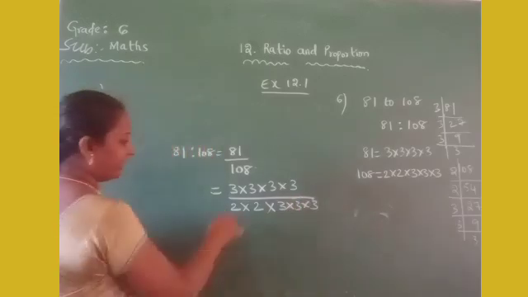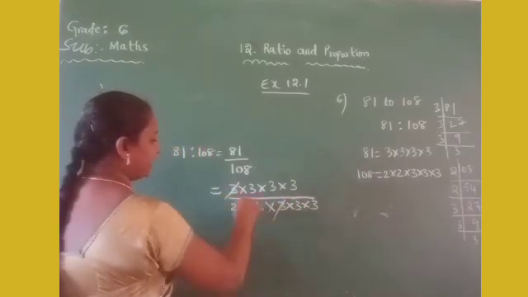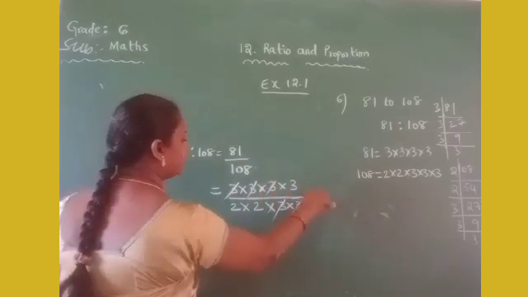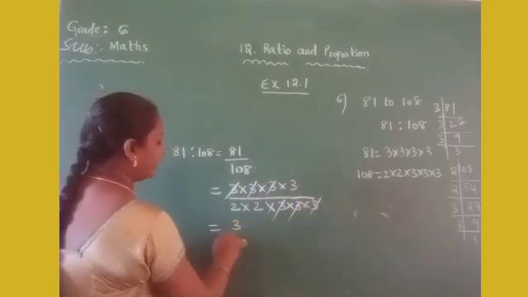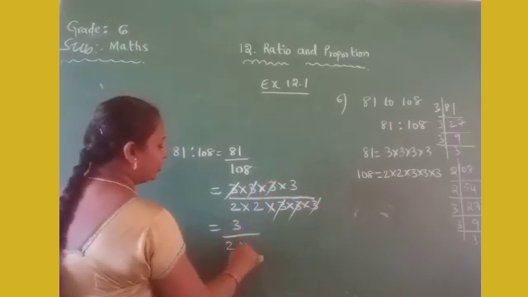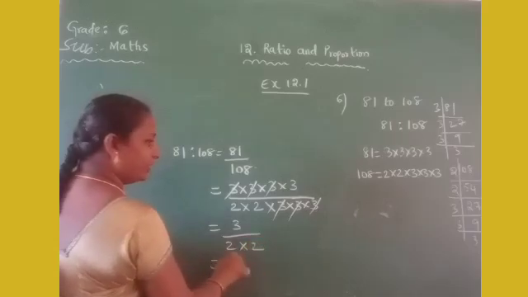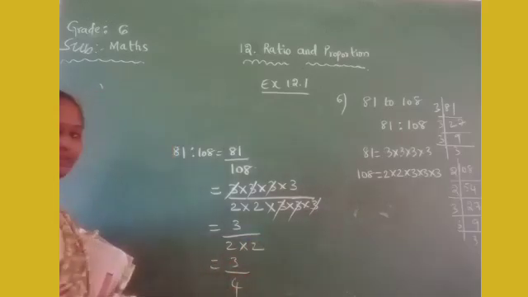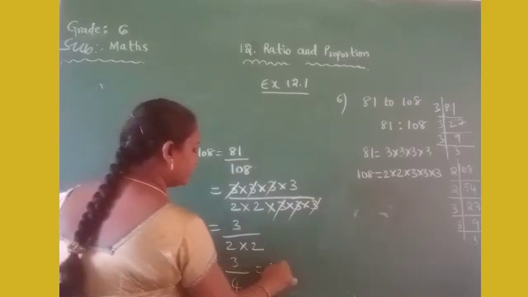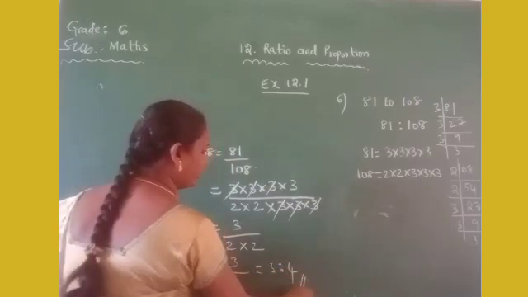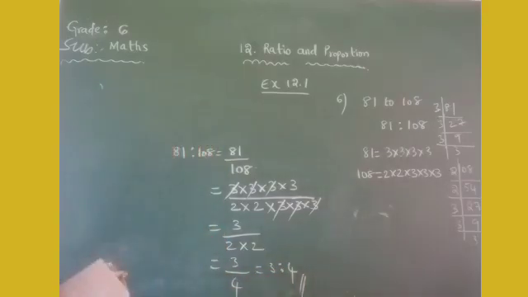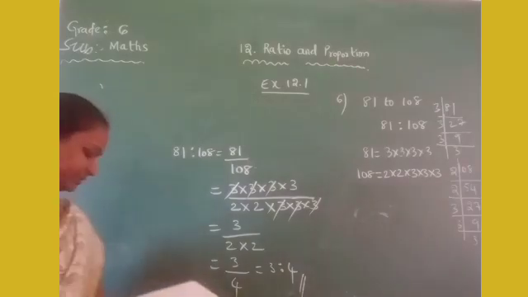Now simplify. 3 cancel, 3 cancel, 3 cancel. What are the remaining values? 3 by 2 into 2. 2 into 2 value is 4. 3 by 4, we can write 3 is to 4. Is it clear children?